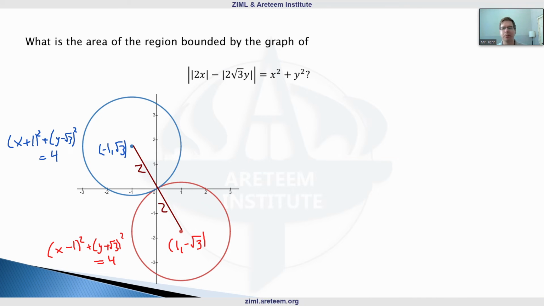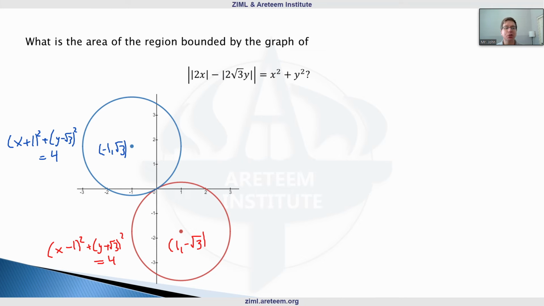Do we have to worry about any shared region inside both circles in the first quadrant? And the answer there is no. So we can just focus on the area in the red circle above the x-axis and the area in the blue circle to the right of the y-axis. We have our regions inside that first quadrant that we want to focus on here.